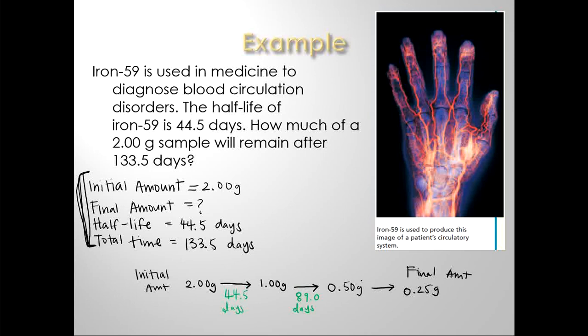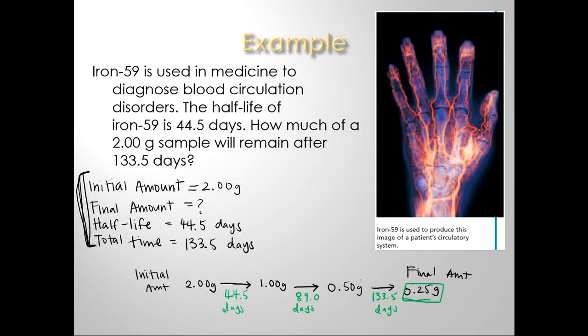So this took from 0.5 to 0.25, it took another 44.5 days, which is a total of 133.5 days. So how much remains after 133.5 days? It's 0.25 grams that remains. That right there is our final answer.